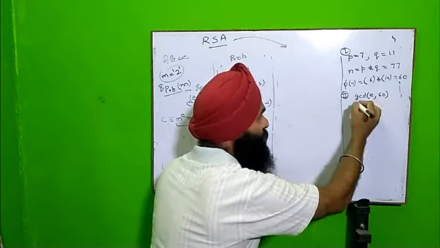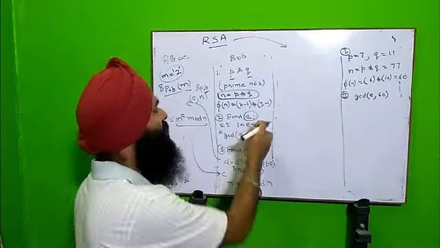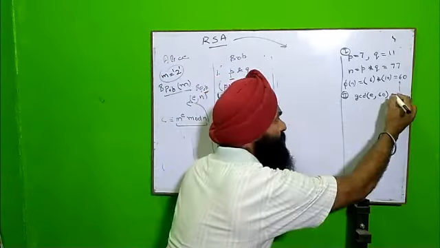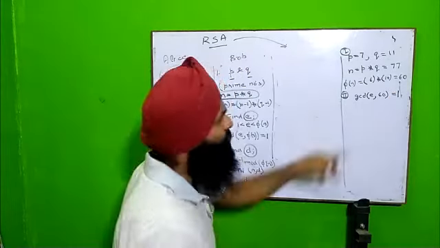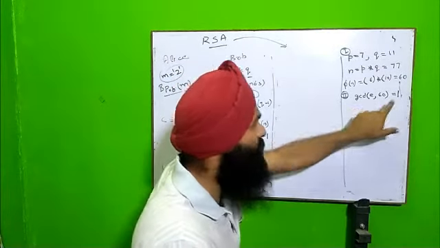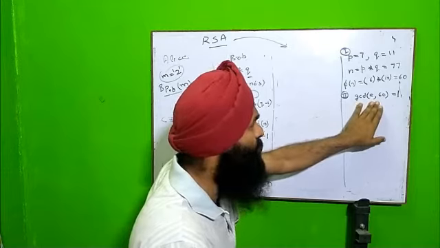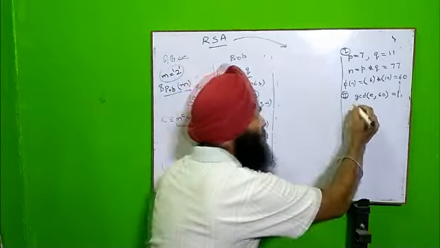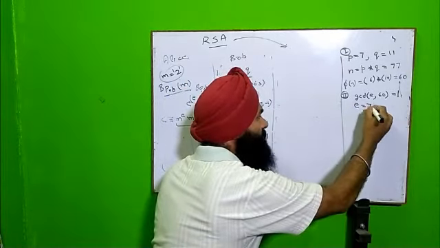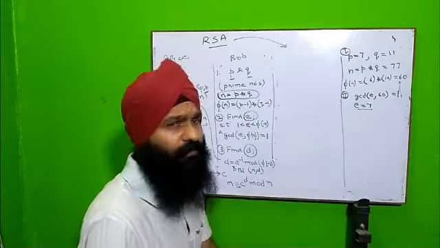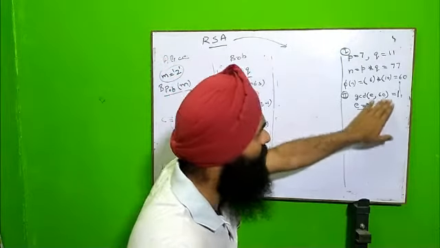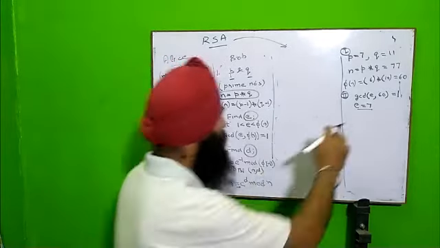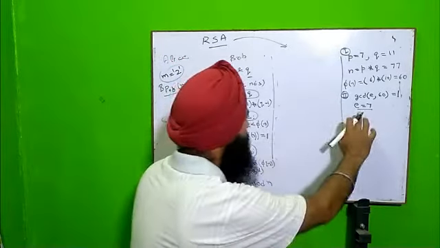So we choose any value between 1 and phi n that satisfies that the GCD of these two is 1. For 2, GCD is not 1. Similarly for 3, 4, 5, 6. Yes, 7 would be the minimum number for e. So I am going to take e as 7. You can take any higher number if you want, but that is the minimum number which satisfies this GCD condition. So now we have found e.